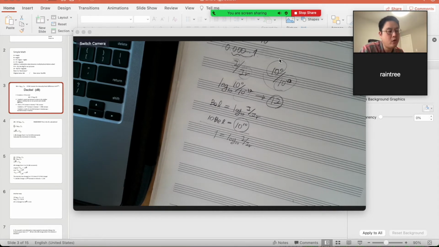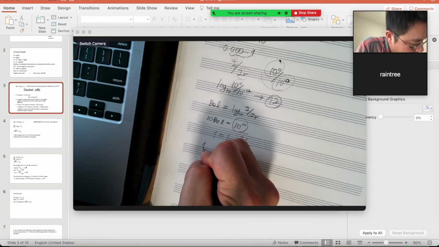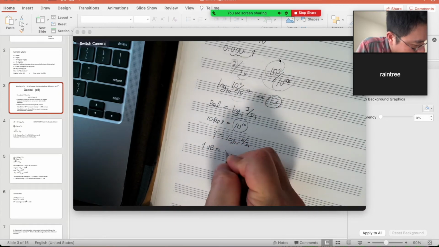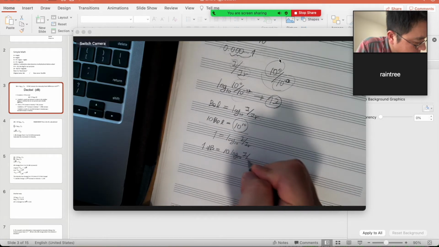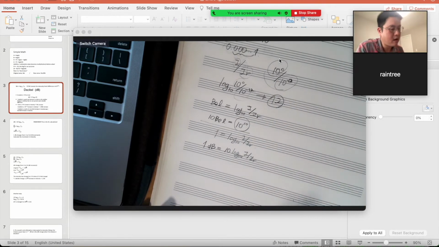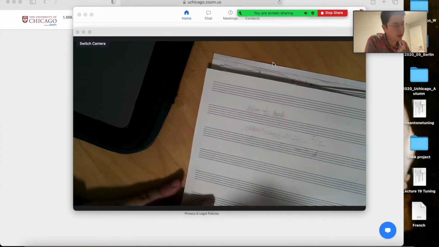So what we do is we use a decibel. So 1 decibel is 10 multiplied by I divided by IR. I added this short recording to explain the relationship between bell and decibel.